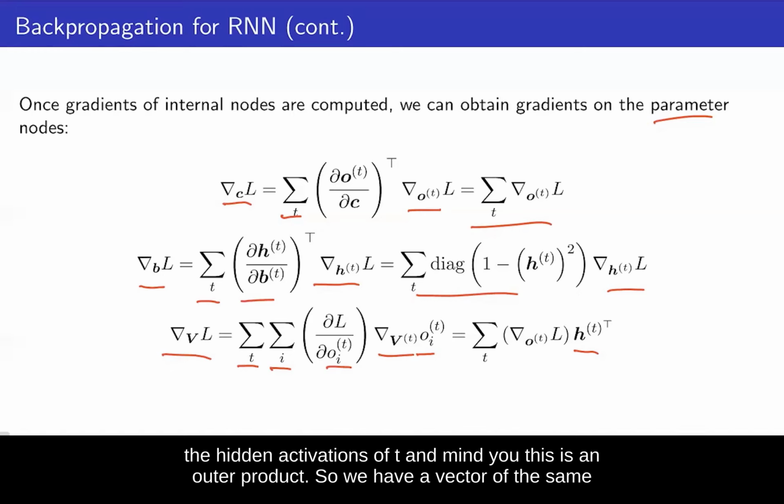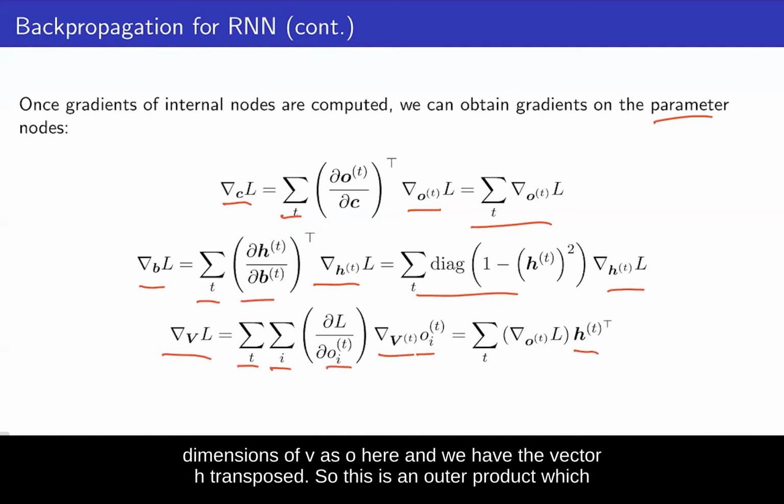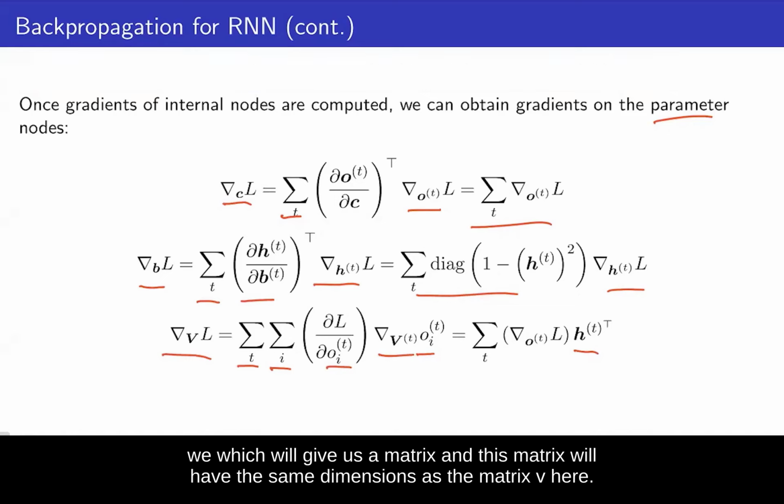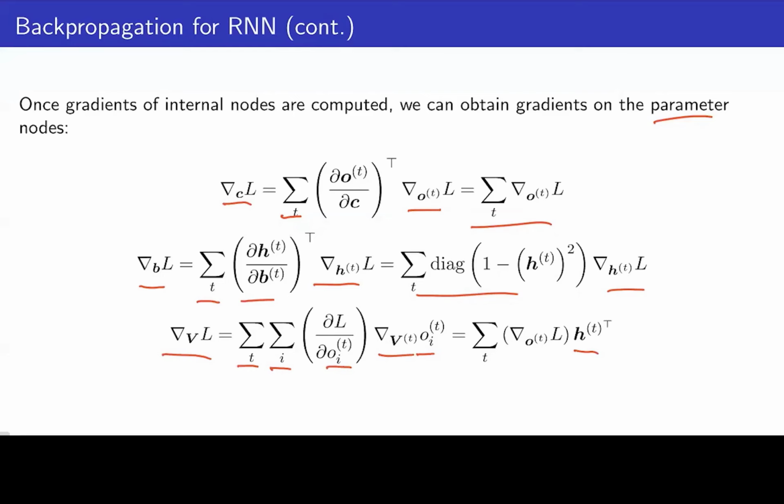And mind you, this is an outer product. So we have a vector of the same dimensions as O here, and we have the vector H transposed. So this is an outer product which will give us a matrix, and this matrix will have the same dimensions as the matrix V here.